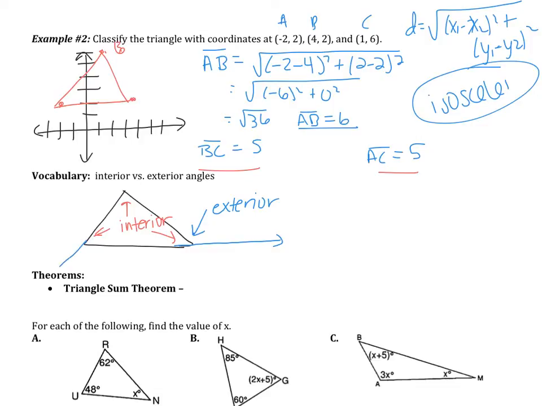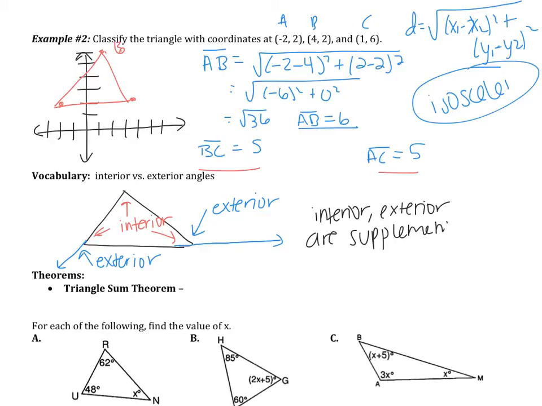If I continue this side, this would be an exterior angle. So what you should notice is that the interior angles and exterior angles are supplementary. So for example, this pair right here, I have one interior in red, one exterior in blue, and then they're going to be supplementary.